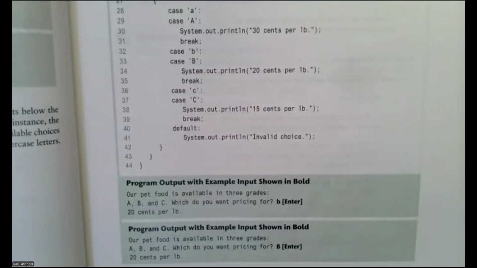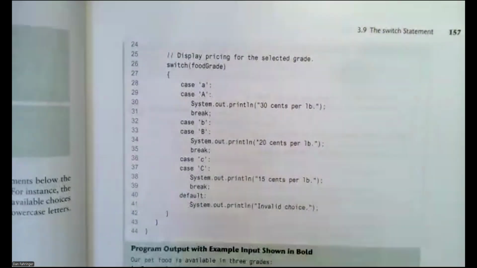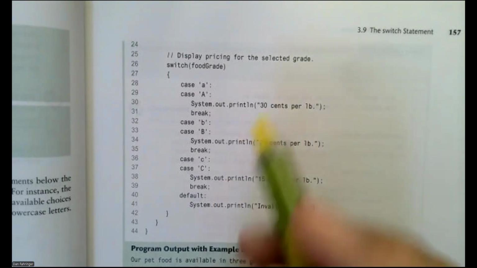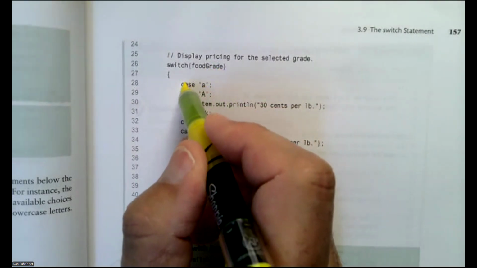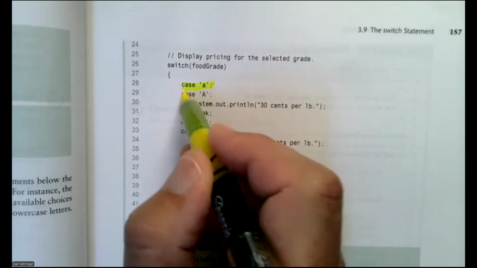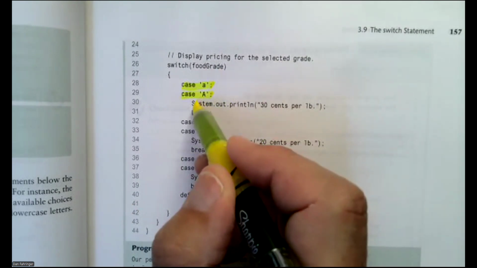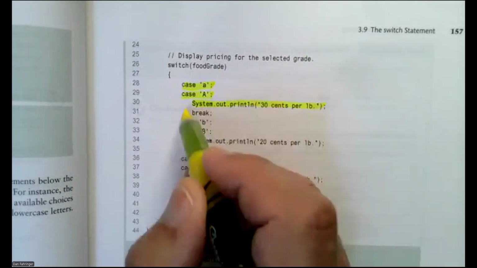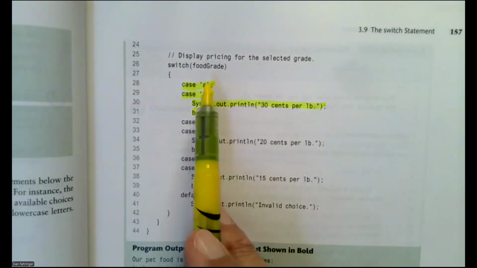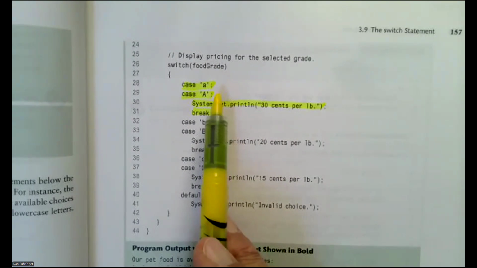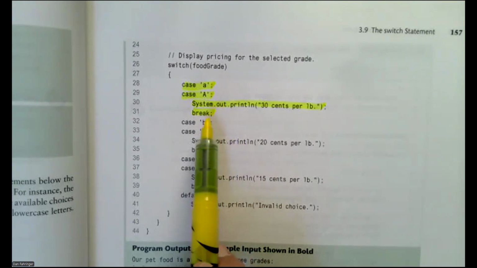Another example. And again, the more you type in these code listings, the better you're getting at Java, believe it or not. Muscle memorization. We come in, and if it's an A, I hit line 28, I hit line 29, I hit line 30, and then I finally break. So if it's a little a, it just keeps going till it hits the break.